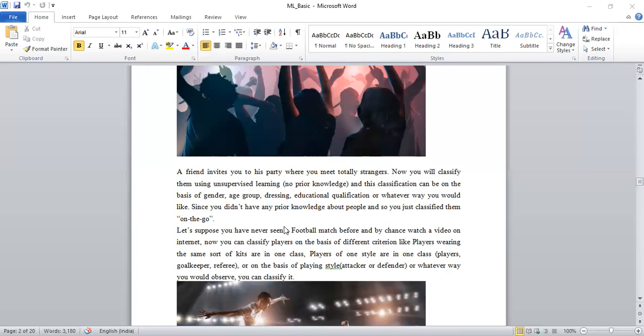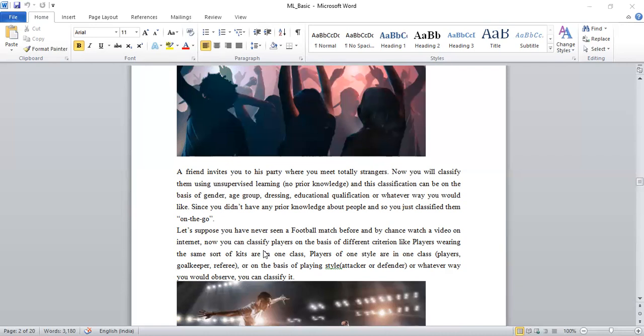If you feed this type of data to the machine, the machine itself will frame different clusters on the given input data set.